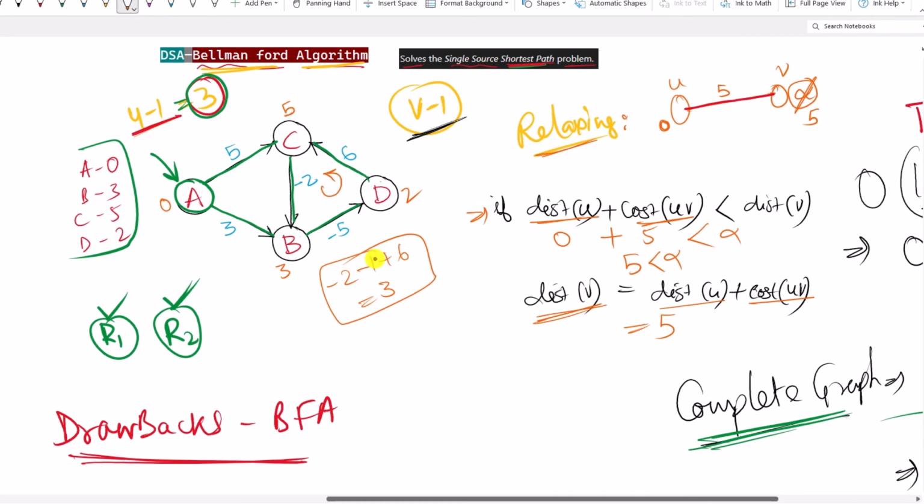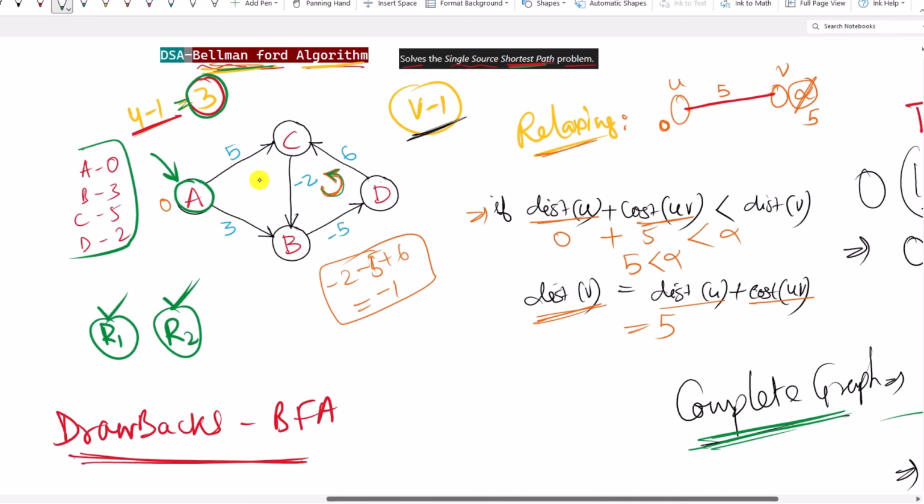Now if we add them together, we get negative 1. Because we have this negative weight cycle, the Bellman-Ford algorithm will not work anymore. In such a case the distance will keep decreasing indefinitely and the algorithm fails to converge.